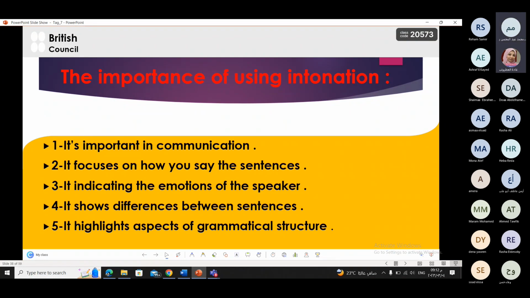Okay, and of course it highlights the aspects of the grammatical structure, because the intonation differs from a statement to a question, right? So when you teach questions, for example, you need to focus on intonation. And when we teach the students questions, you have to pay their attention to the intonation.